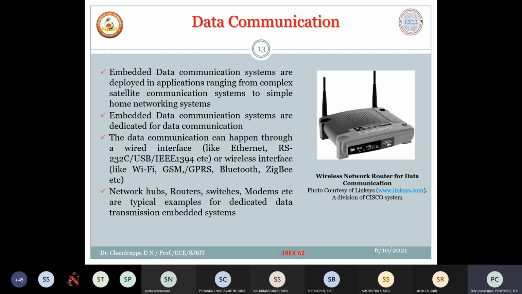Basic routers do not support more than 10 to 15 meters, but some routers support up to 30 meters. 30 meters means approximately a radius of 100 feet. So somebody may have a router but the internet is not connected in the residence. Please look into the router's radius and how it covers the signal strength.